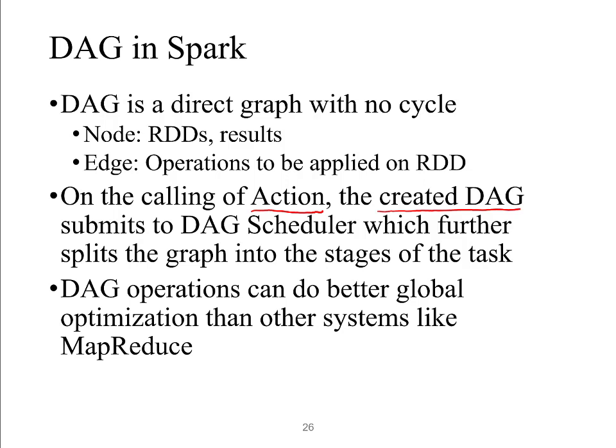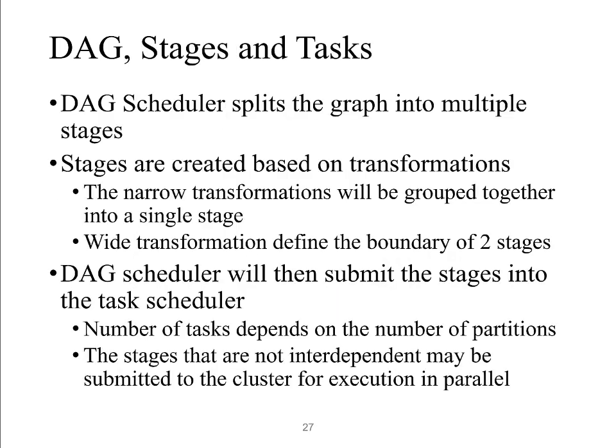The task scheduler launches tasks through a cluster manager, although the dependencies of stages are unknown to the task scheduler. And finally, the workers execute the tasks. All right, so now the problem is what are the stages?